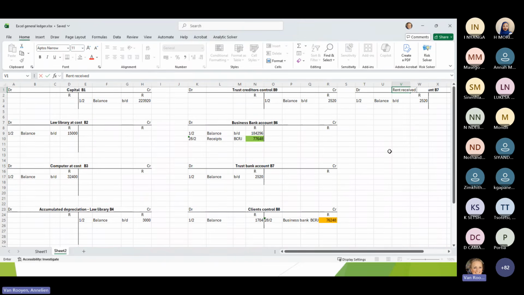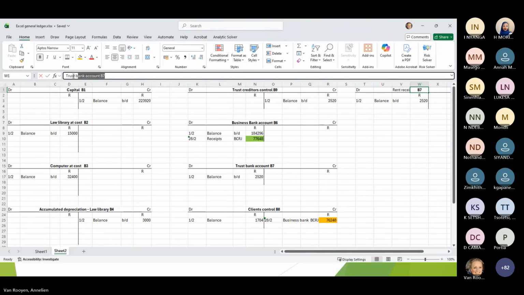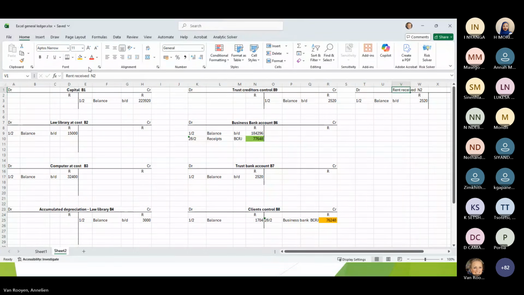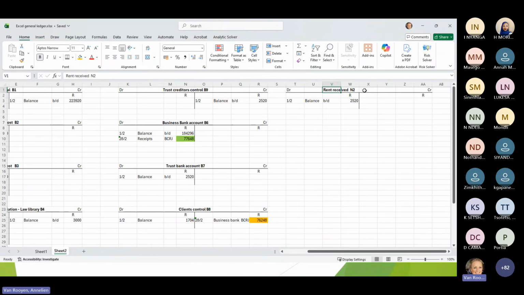And I think that was that N1? Can't remember now. N2. N2. It is on the credit side.